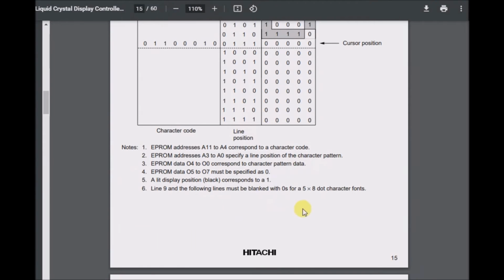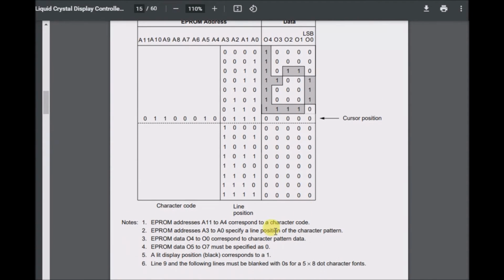Just zoom out, that makes more sense. EEPROM data 05 to 07 must be specified as 0. A lit display position, black, corresponds to a 1. Line 9 and the following lines must be blanked with zeros for 5x8 dot character fonts.